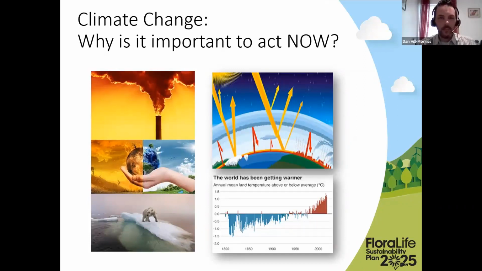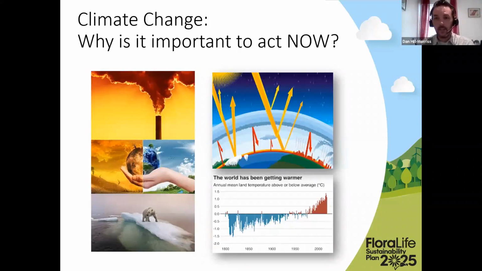Think of those who started to clamp down on CFC gases in aerosol cans, or switching from 4-star petrol to unleaded petrol, all of the little baby steps we were taking all those years ago, now coming round to electric vehicles and renewable energy options, and all of the big ticket items that we can do today to support this.